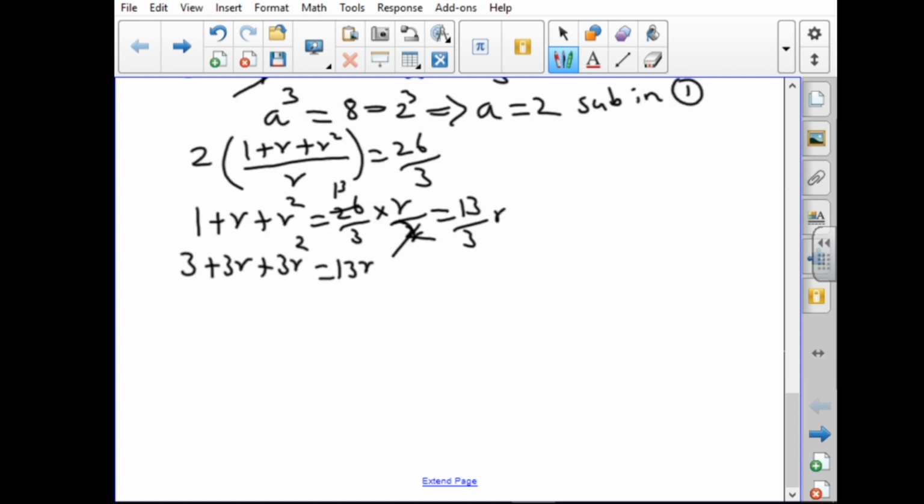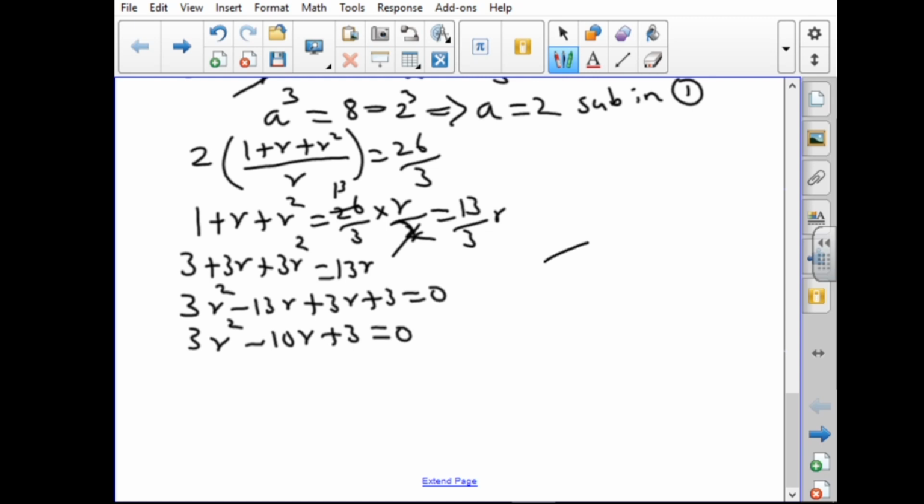Bringing to standard form, 3R square minus 13R plus 3R plus 3 is equal to 0. So, 3R square minus 10R plus 3 is equal to 0.